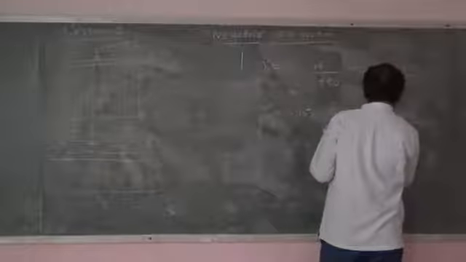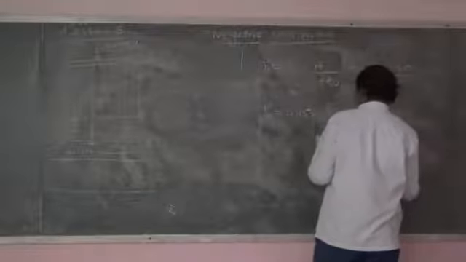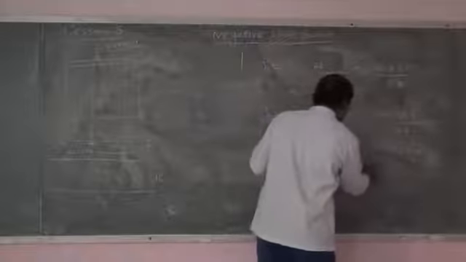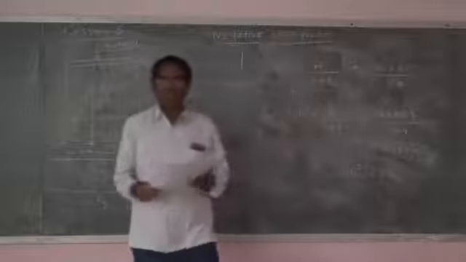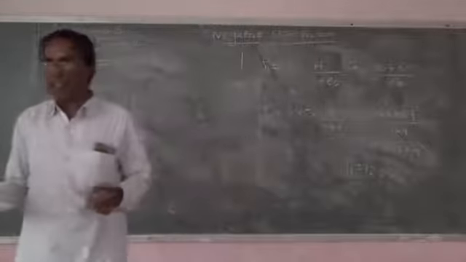This is equal to 0.129 meter, or 12.9 centimeter. Rho 1 is equal to 12.9 centimeter. This is for the first layer.